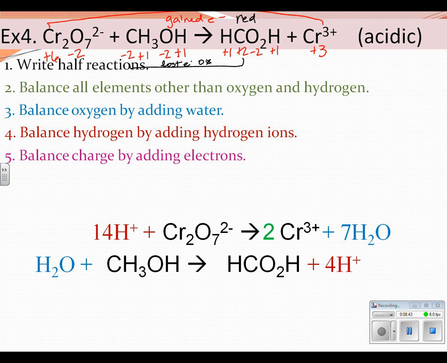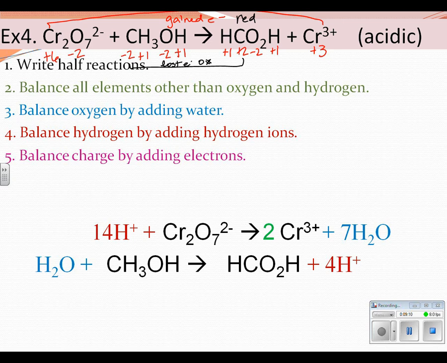And we'll balance charges by adding electrons. So on my first reaction here, I have 14 positives plus 2 minuses, which makes a positive 12. On the other side, I have plus 6 because I have 2 times 3 positive. So I have to get the plus 12 to balance out with the plus 6.